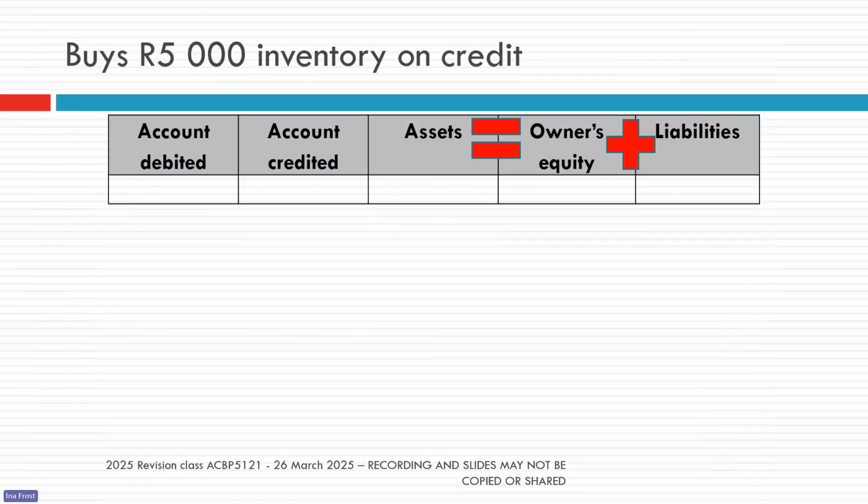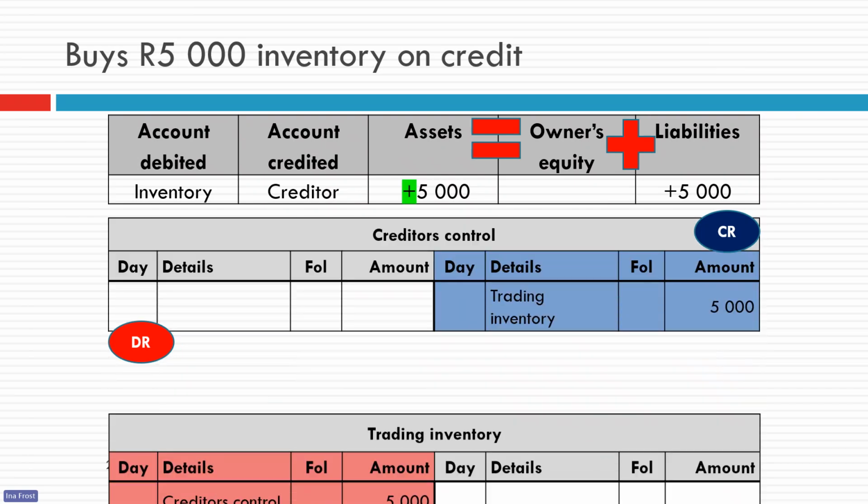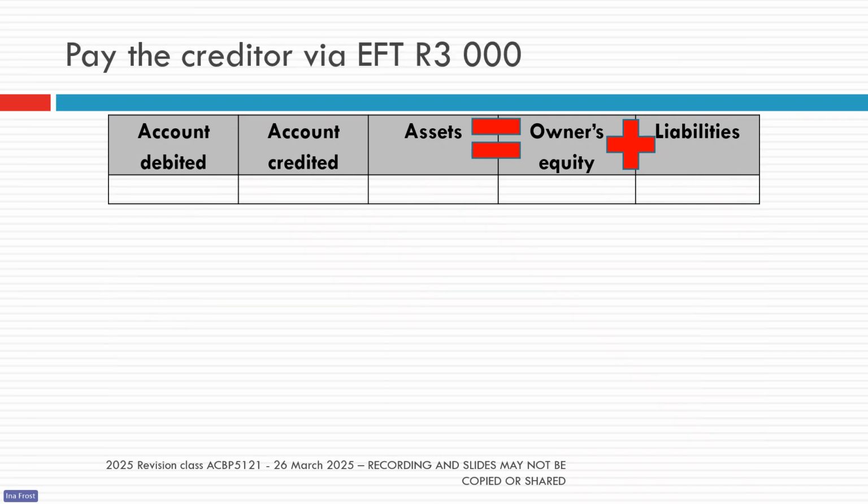Okay, so now we've bought an asset for cash. We've bought an asset on credit, and now it's time for us to pay the creditor. We owe the creditor 5,000 rands, and now we need to go and pay that creditor. In my little example, we're going to pay our creditor 3,000 rand, so we're just paying a part of the amount that we owe them.